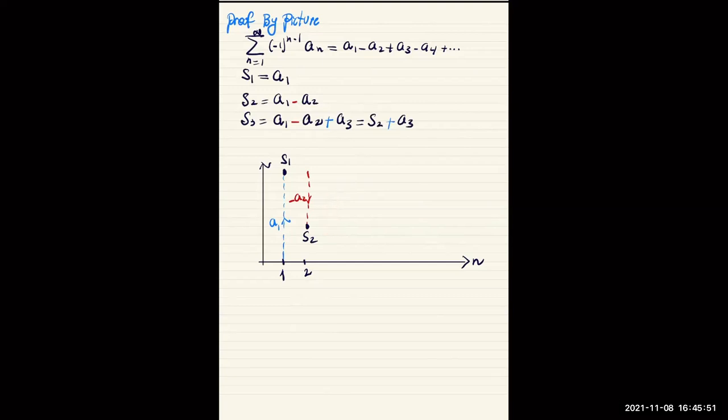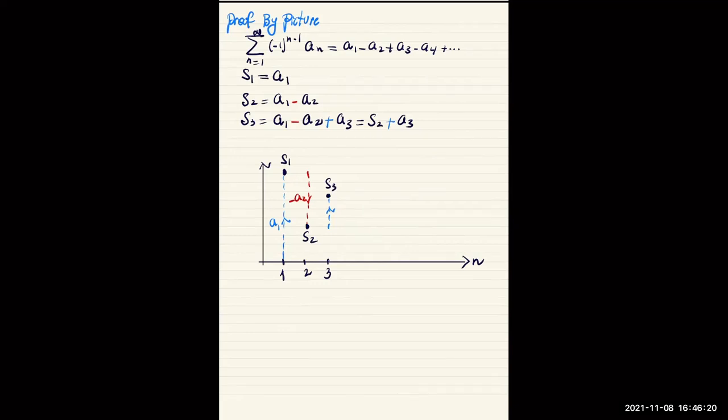Now again, A3 is not going to exceed the previous A. Therefore, when you go up, we are not going to go up beyond this value. This is the location for S3. Again, we saw this in the alternating harmonic series.